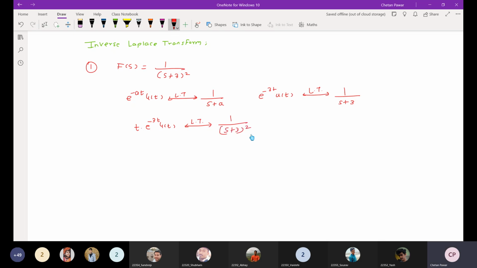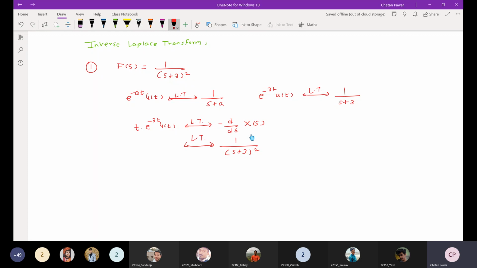You take a differentiation of that particular signal. So I will just solve it here. If you take the differentiation, that will be 1 upon (s plus 3) squared.